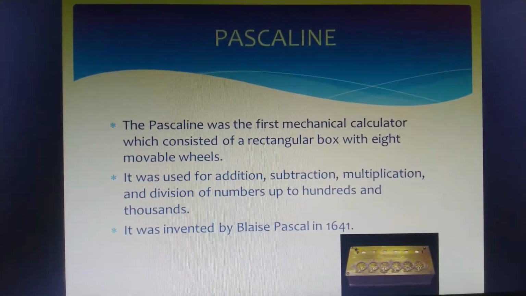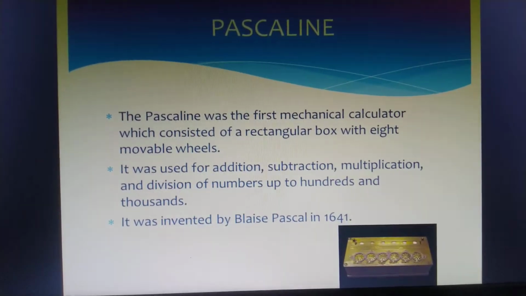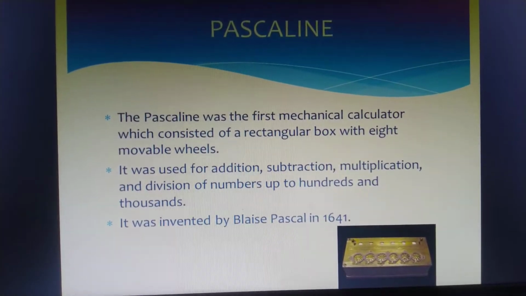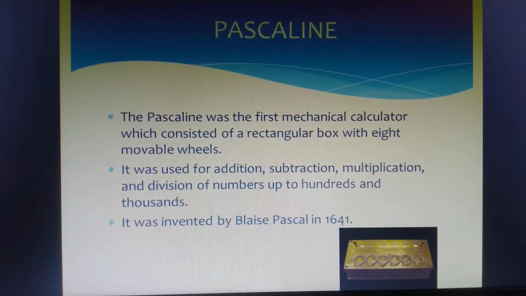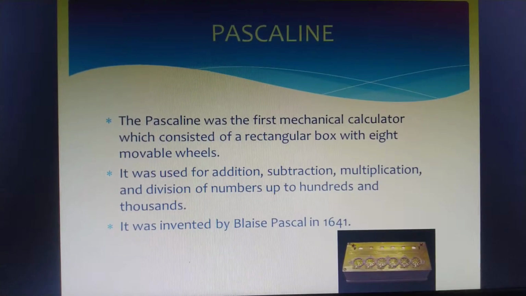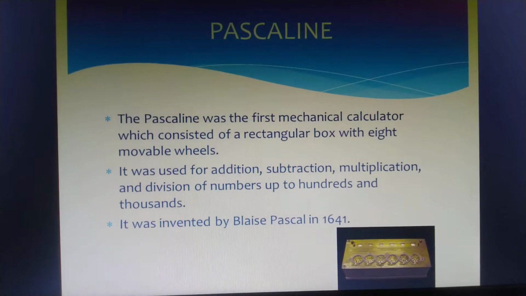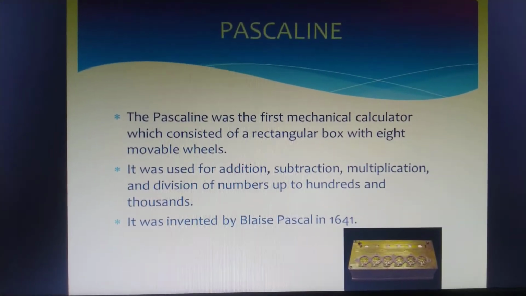The next device is the Pascaline. The Pascaline was the first mechanical calculator, which consisted of a rectangular box with 8 movable wheels. It was used for addition, subtraction, multiplication and division of numbers up to hundreds and thousands.